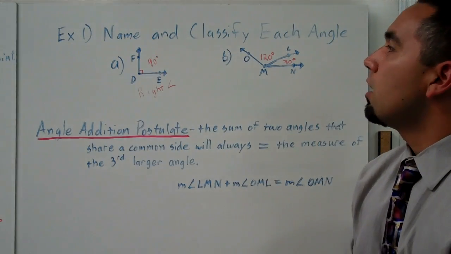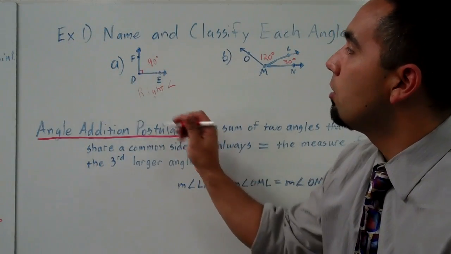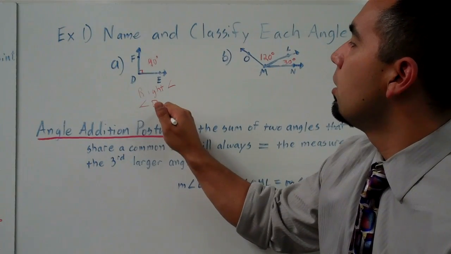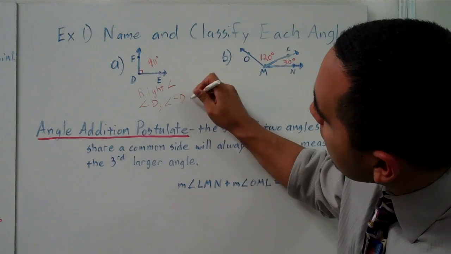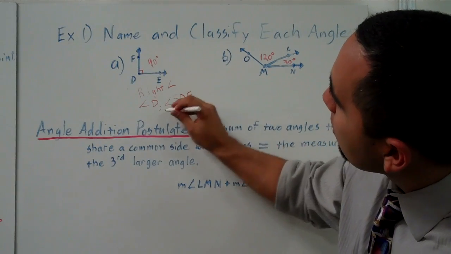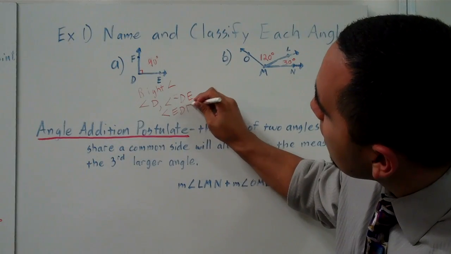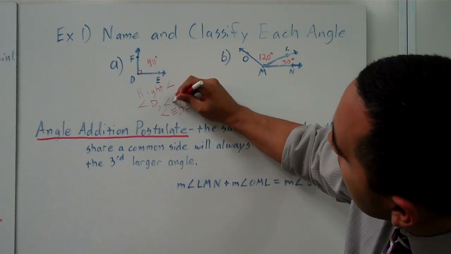It's 90 degrees. I also want to name it, and I can name it 3 different ways. I only have one angle here, so I can call it angle D. I can also call it angle FDE, and I can also call it angle EDF. Any one of those names will work.